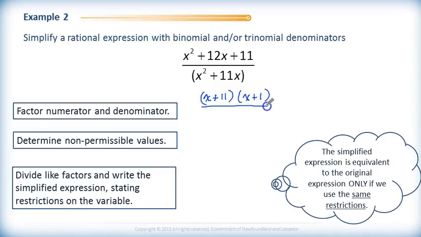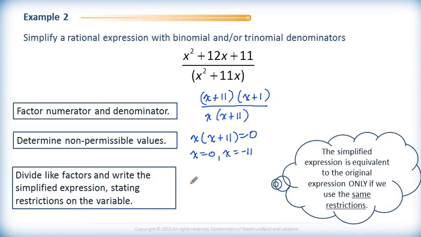The denominator has a common factor of x outside of (x + 11). We determine the non-permissible values by making the denominator equal 0. So x(x + 11) is equal to 0. So x equals 0 or x equals negative 11. So those are the non-permissible values.